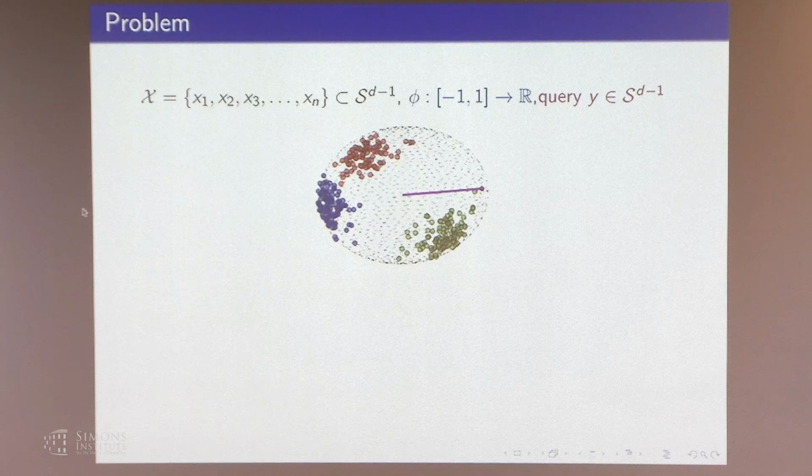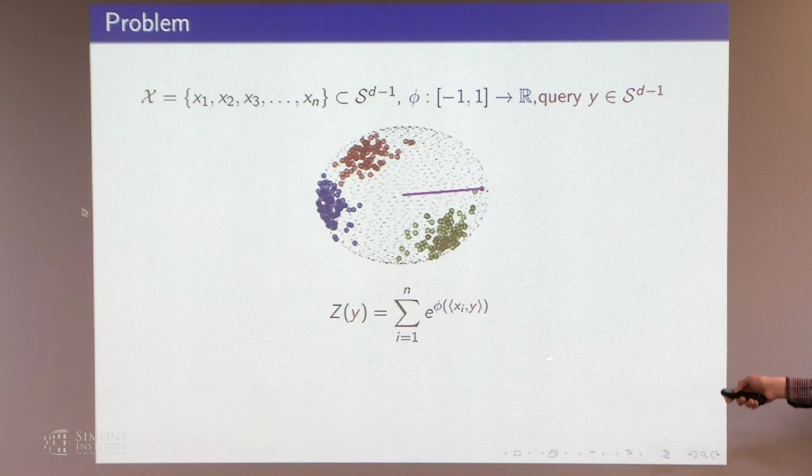You have a query y, which is also a unit vector. Now what we'd like to do is take this query y and again sum up some pairwise function over the entire data set. But in this case, this pairwise function is exponential in some function of the inner product.